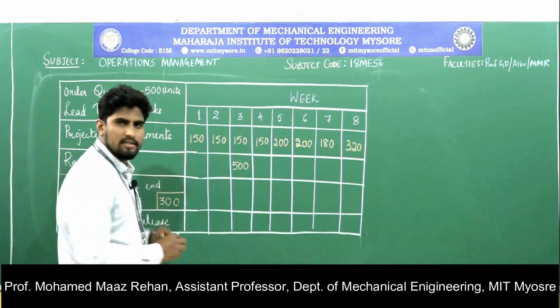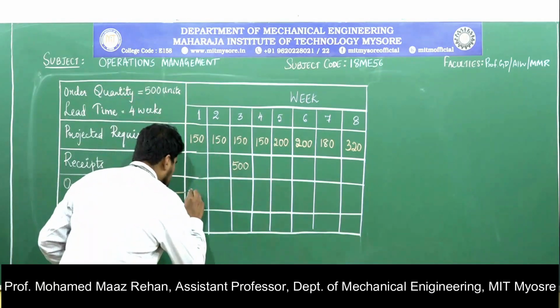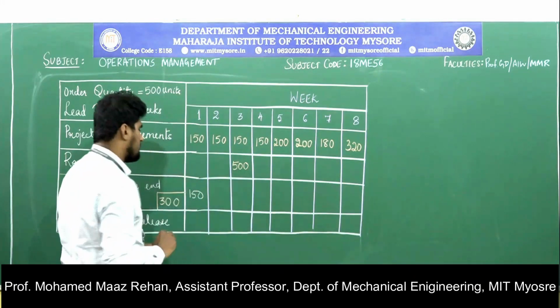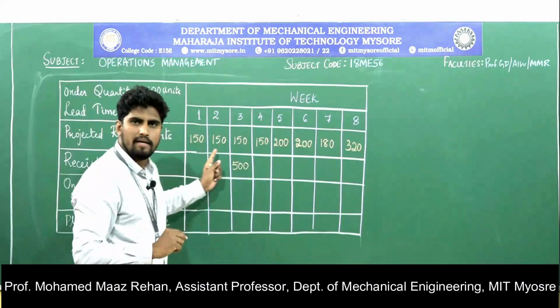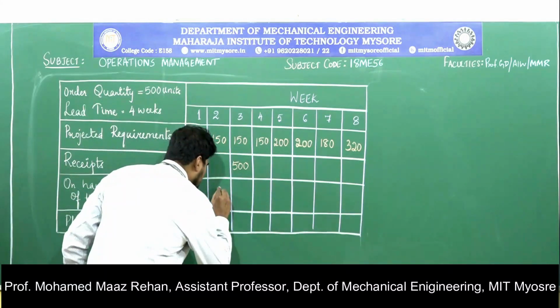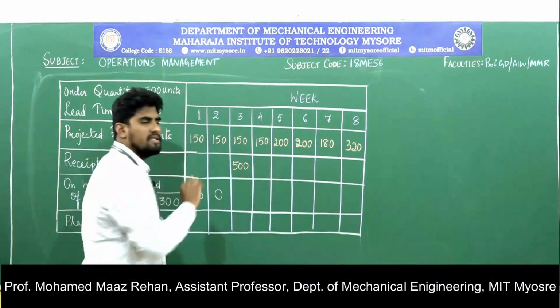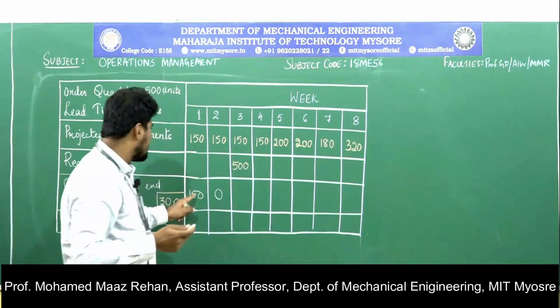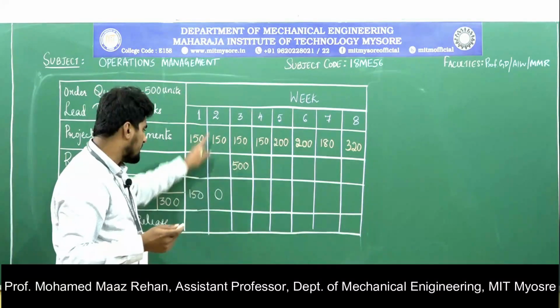So 300 minus 150, that gives 150 units. In week 2 the demand is 150, so 150 minus 150 can be 0 units. Why? Because here you don't have anything, but it is satisfying the demand for the second week.